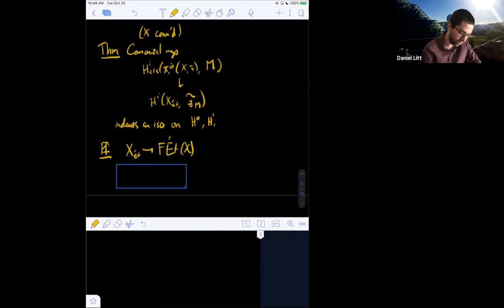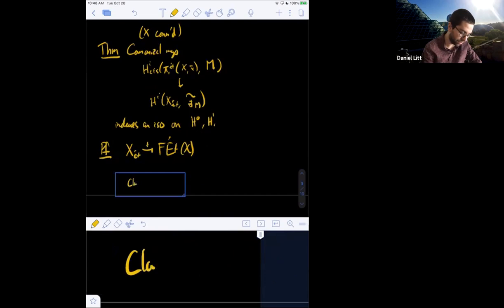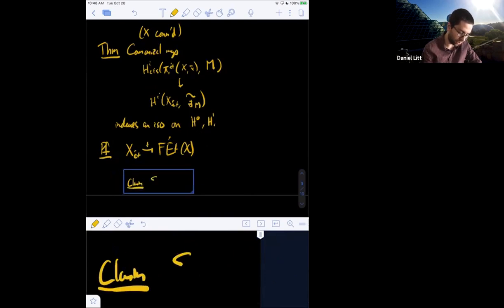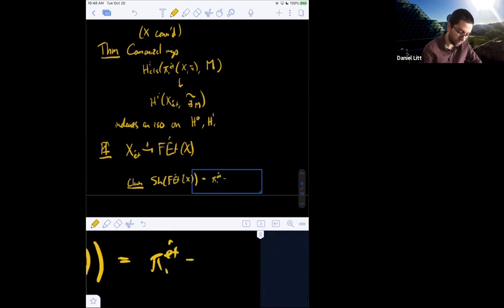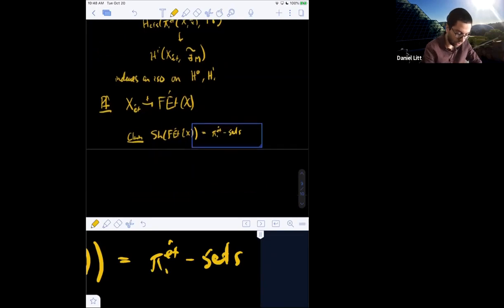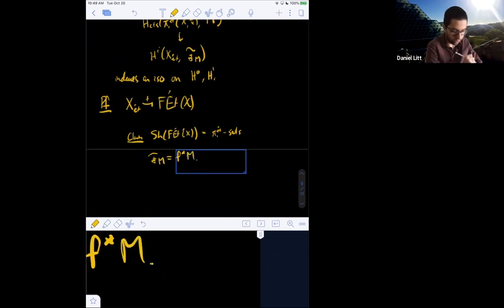So this induces a functor, let me call this F. The claim is that sheaves on the finite étale site are the same as pi1 étale sets.